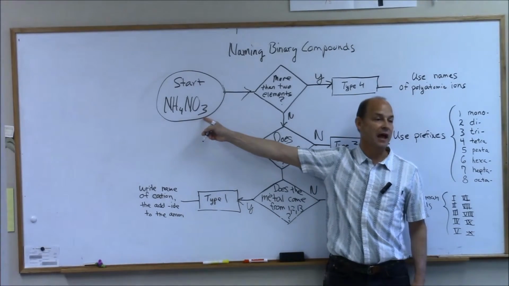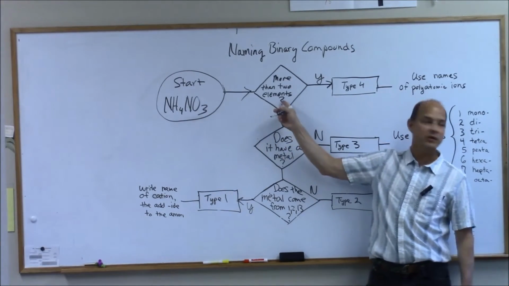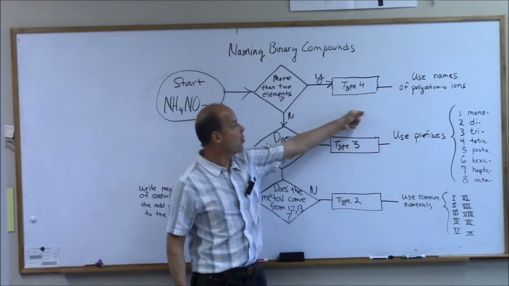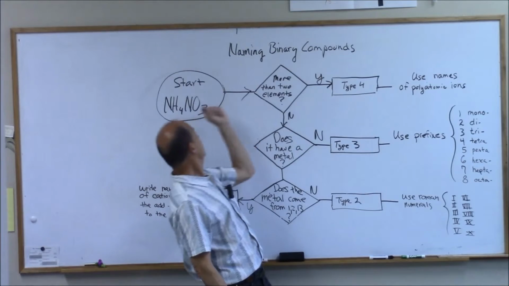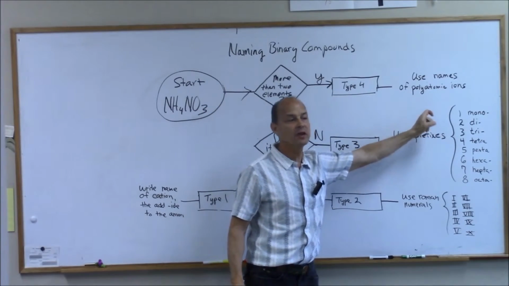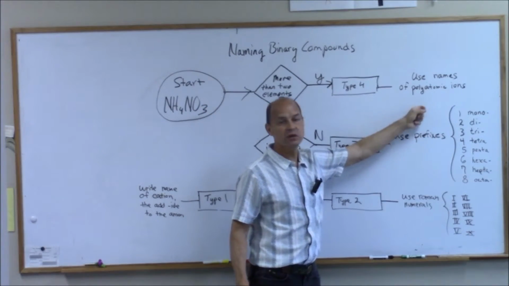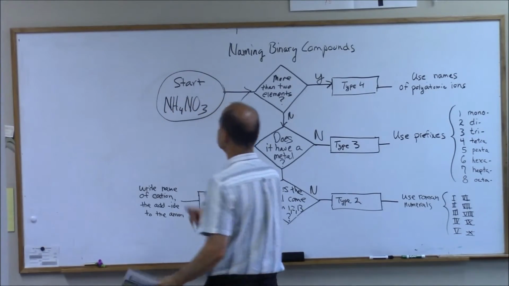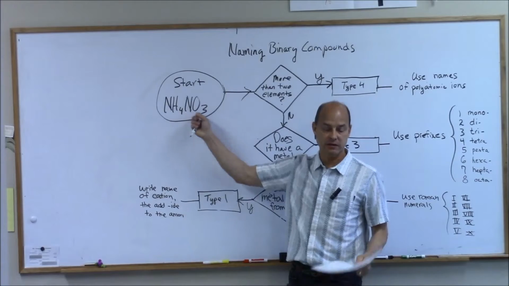Wow, that's a lot of elements. Is there more than two? Definitely, yes. It's a type 4. Many elements, poly means many, it's polyatomic. So in order to name that, we're going to look up and see if we can find combinations here.